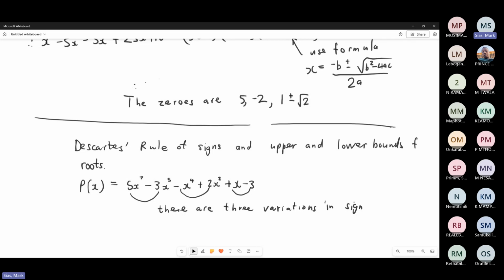You see 5 is positive, 3 is negative, 1 is negative, 2 is positive. The coefficient of x is 1, it's positive. And then the constant coefficient is negative. So three variations in sign.